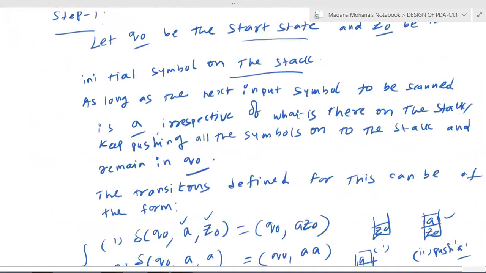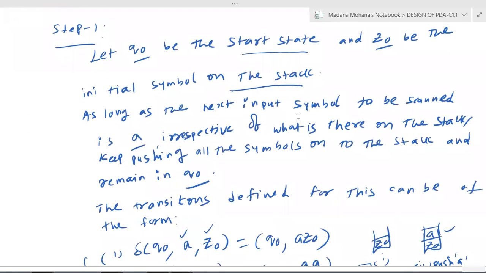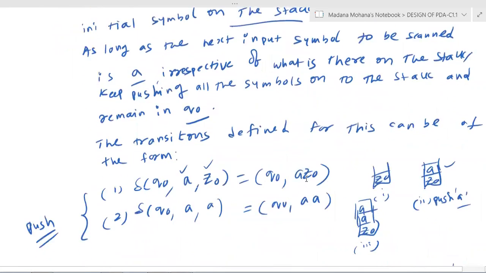Then whenever your input is B, you have to pop or delete one A from the top of the stack by seeing the input as B. That means opposite symbols. Compulsorily there must exist a corresponding A whenever the input is B. Then only you have to perform pop, or delete, or simply erase.